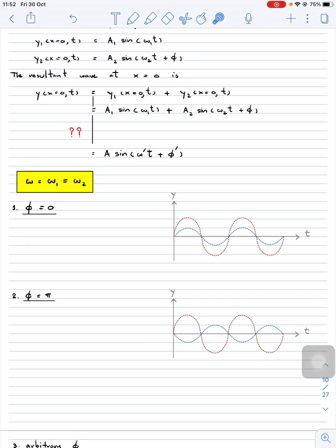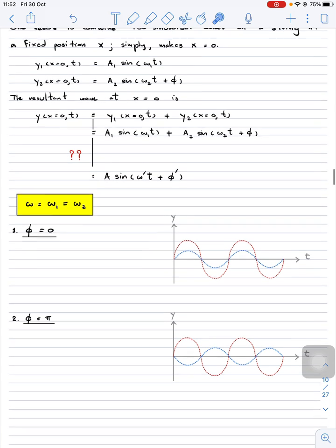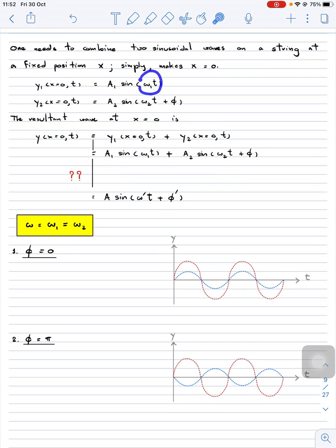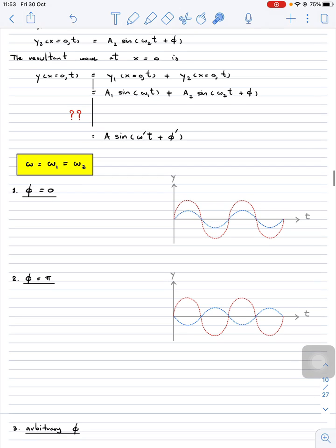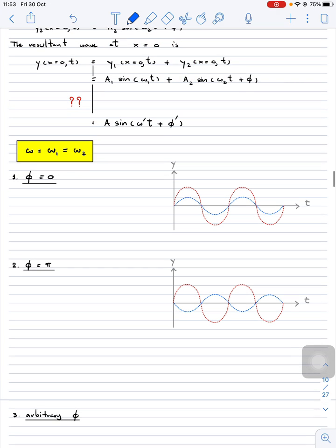For example, let's consider this one. For the first case, let's assume that omega 1 and omega 2 are the same. It means both waves have the same angular frequency, so we just make omega 1 equal to omega 2, and also equal to omega. Then for the first case, let's just make phi equal to 0. Let me write it down here.